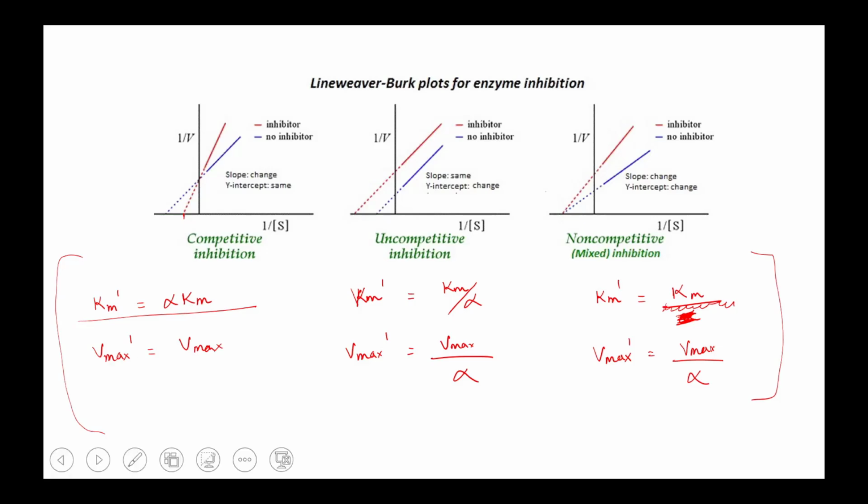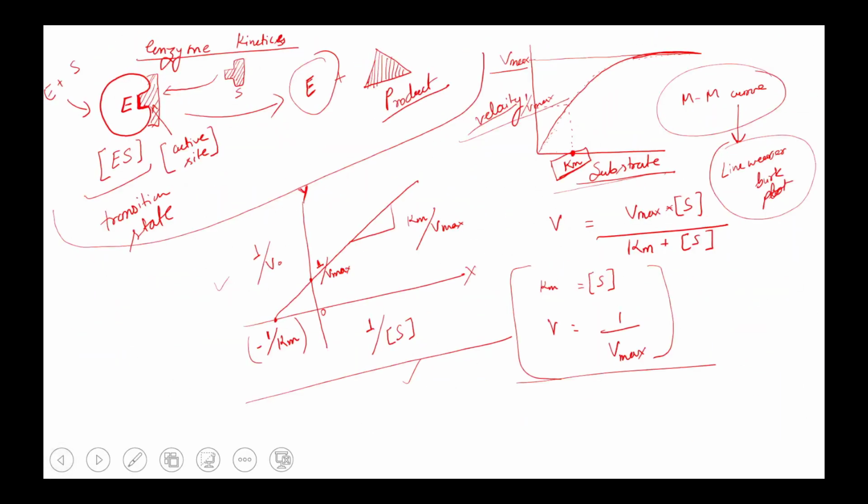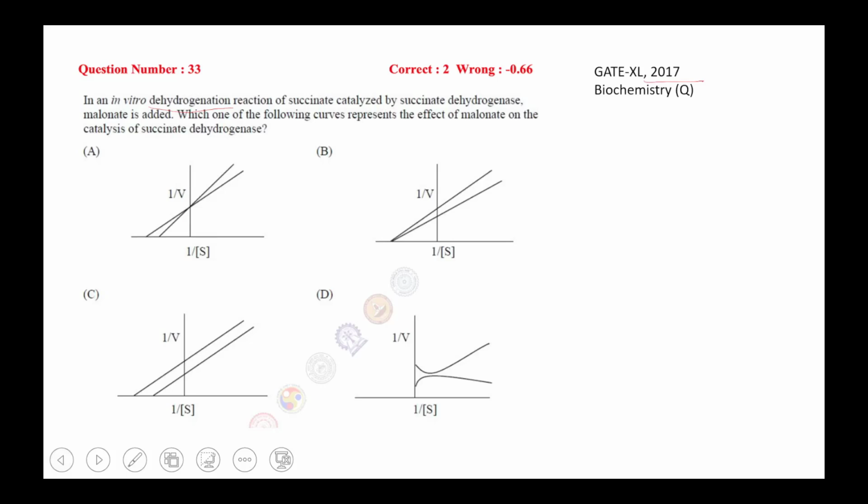If we see our question, it states that in an in vitro dehydrogenation reaction of succinate catalyzed by succinate dehydrogenase, malonate is added. If I talk about the structures first, if you know the structure, you can easily come to the conclusion. This enzyme is succinate dehydrogenase.